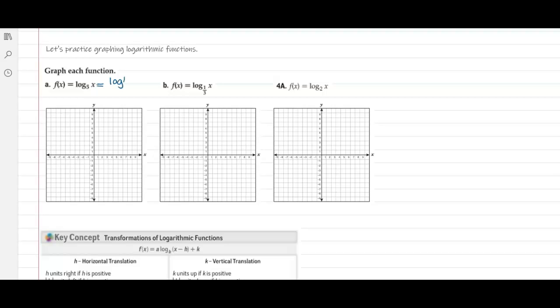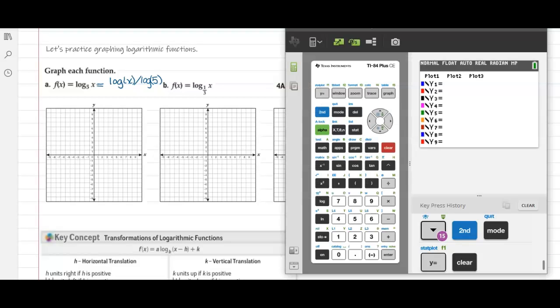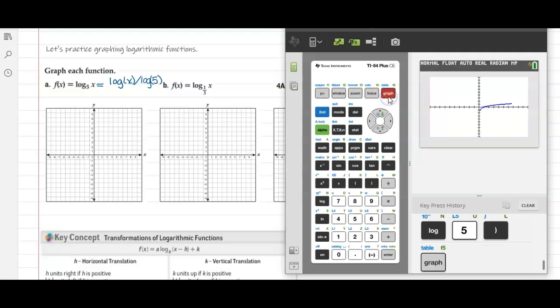We want to type the log of x divided by the log of 5. That's the only notation we can use to get the calculator to use a base of 5. So we're going to type the log, which is next to the 7, of x divided by the log of 5, close parentheses. Then I'll graph it.